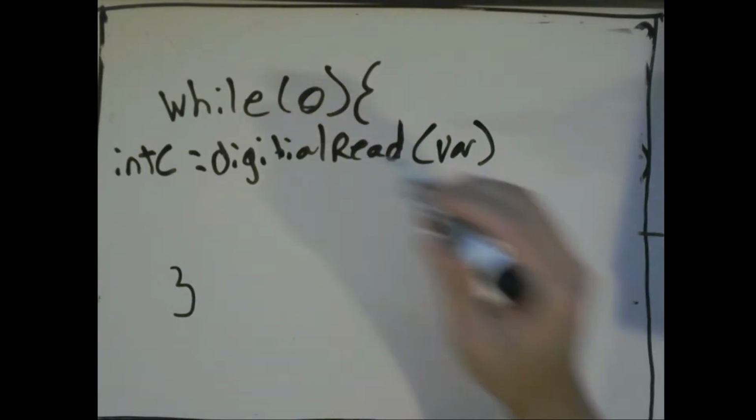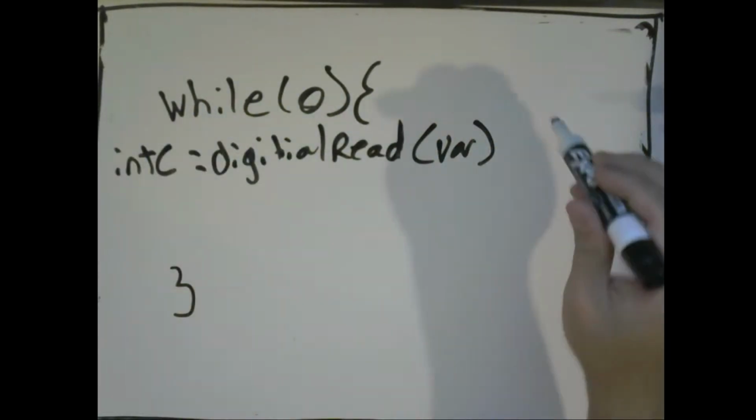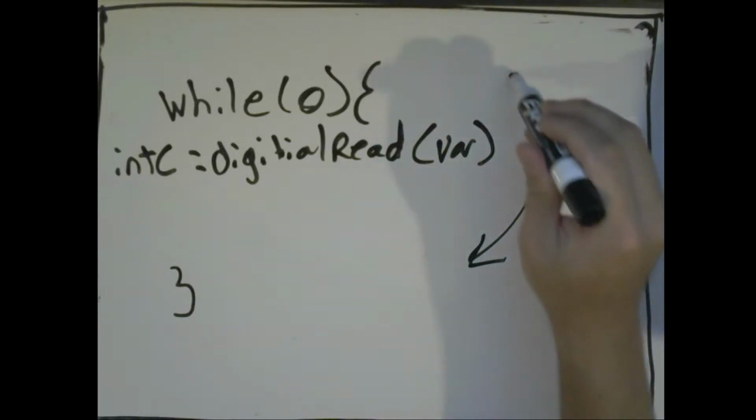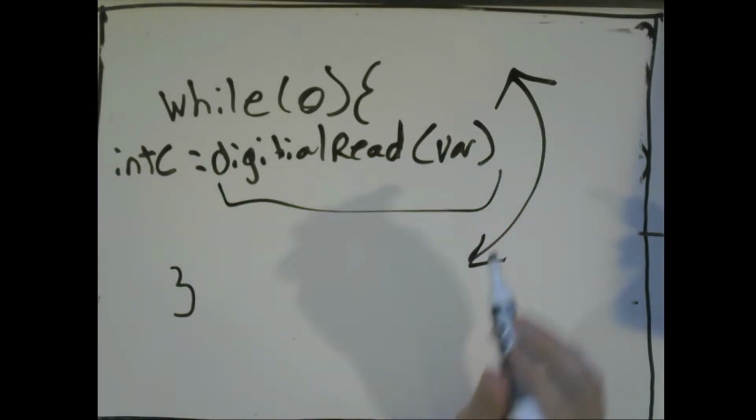This is what we call a poll, periodically. The CPU is going to run this loop, and periodically the CPU is going to sample, hey, what's this pin value? It's going to periodically check.